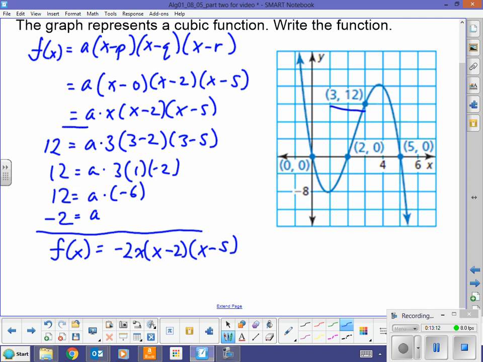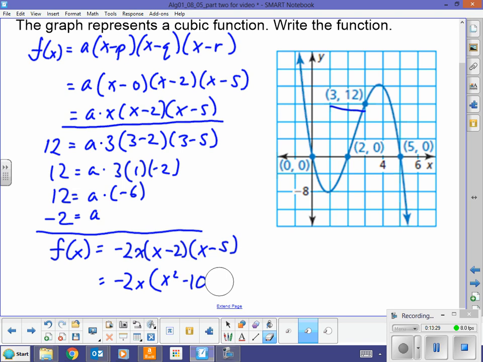So I'm back up here. This is kind of our function that we left off. Okay, so to multiply this together, x minus 2 times x minus 5, that's going to be x squared minus 7x plus 10.